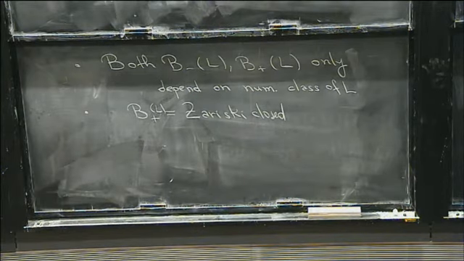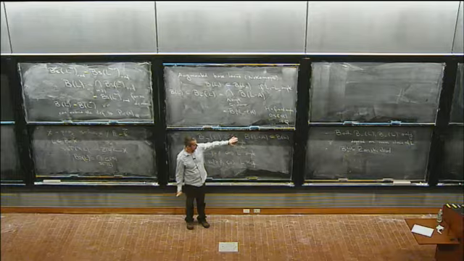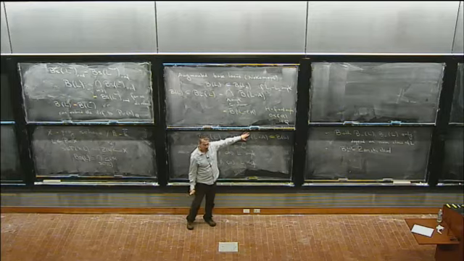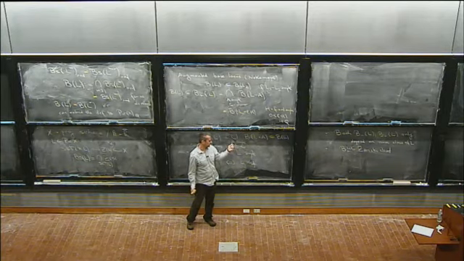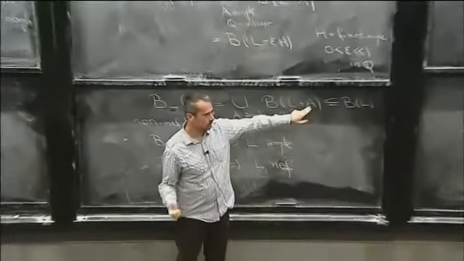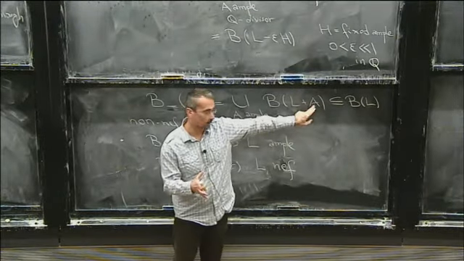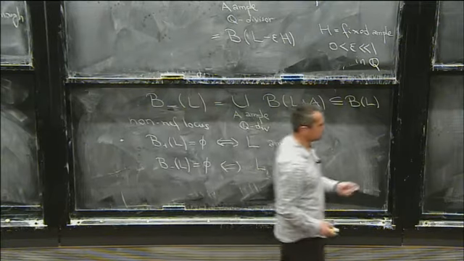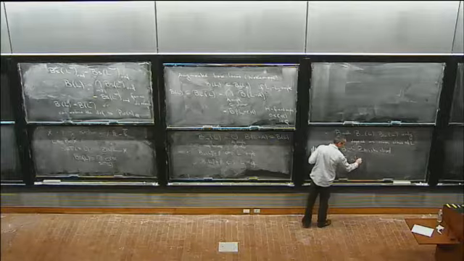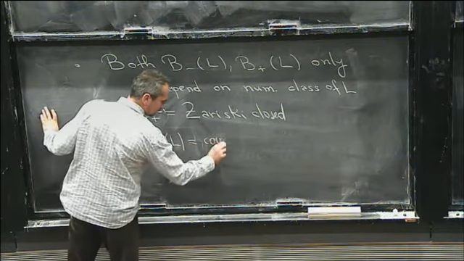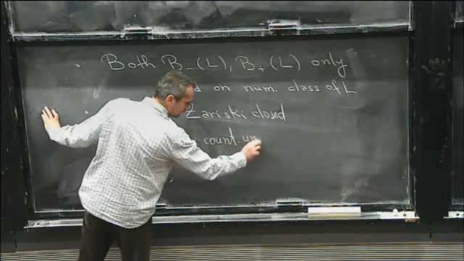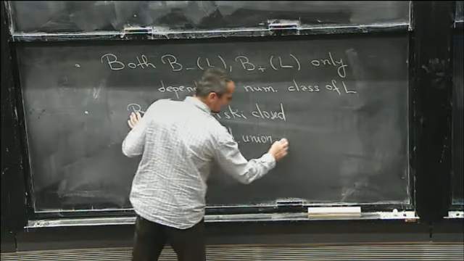It is a union of such closed subsets. In fact, you can take, for example, A to be the set of all rational multiples of a fixed ample divisor. So it's easy to see that B minus of L is a countable union of closed subsets.